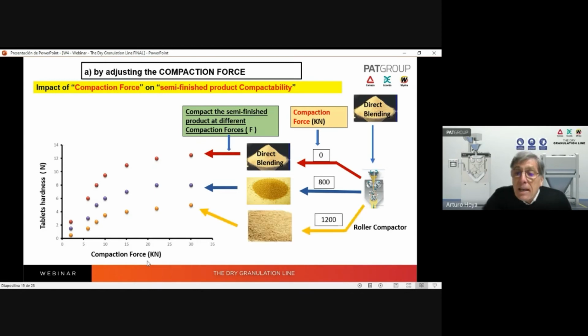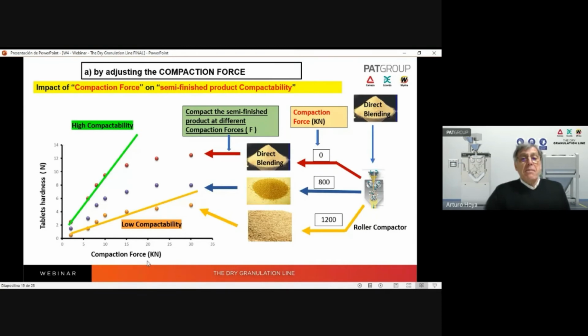And look at this, with 1,200 kilonewton, the performance will be lower too. So we have this kind of compactability profile. This is high compactability, and these are low compactability. Here we see the importance of the compaction force, of course, 0 is no compaction, and 1,200 is a very high compaction force.